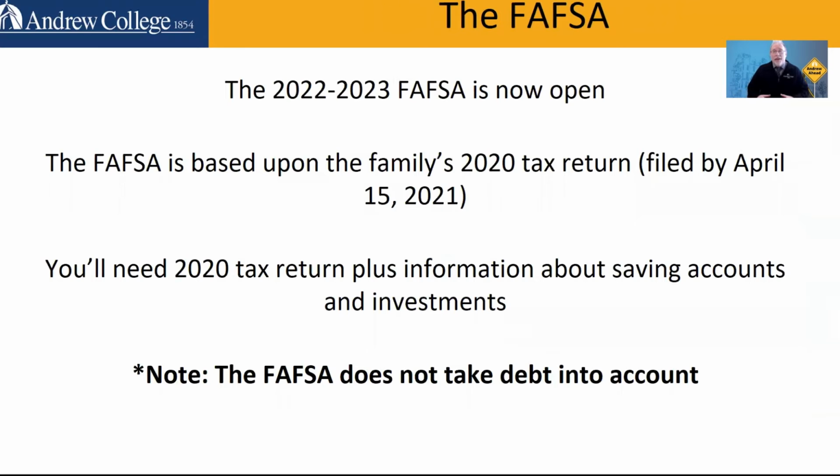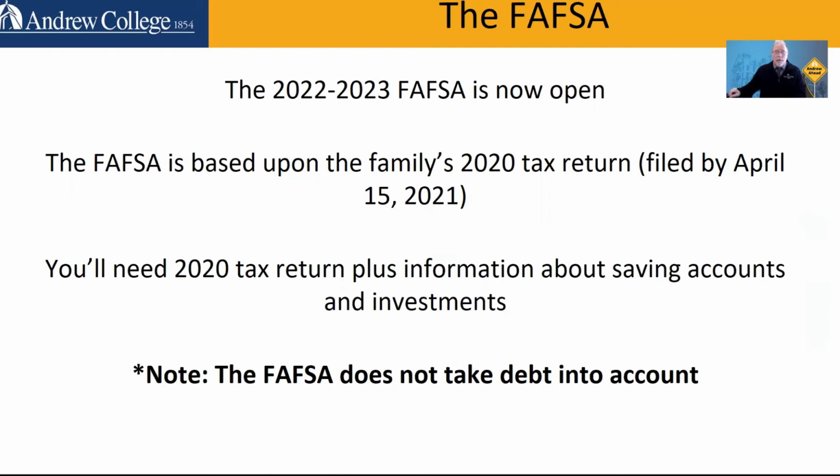Okay, the FAFSA for this year, which is for the upcoming school year 2022-2023, is open. It's based upon your 2020 tax return. Now, this was the one that was filed by April 15th, 2021, not the one that was just filed.